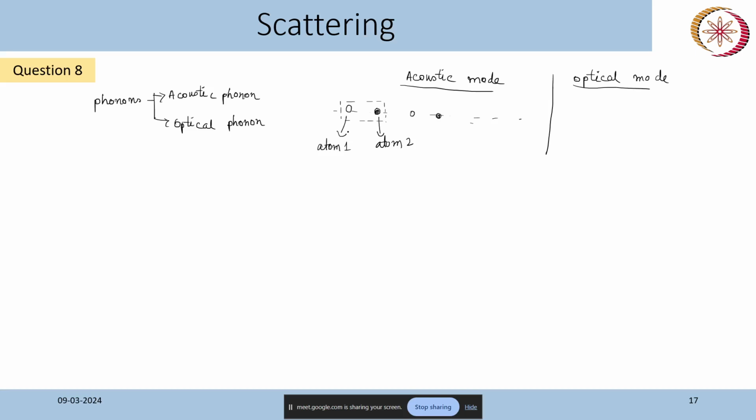So here atoms move in phase, that means in the same direction, and in this case atoms move in opposite phase.